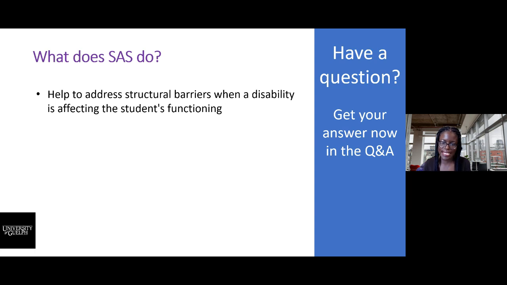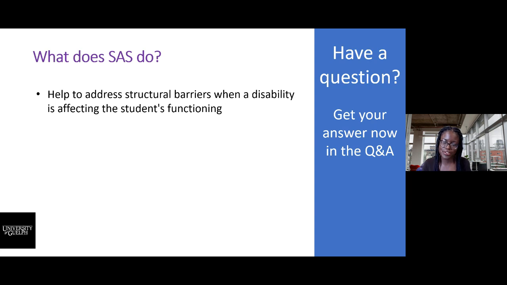And what we mean by that is, how is your disability interfering with all of the jobs of being a student? So getting to class, learning your information in class, completing your assignments and your tests, following the relevant policies in your courses and overall in your degree, understanding what those policies are asking you to do. So all of that sort of thing. If a student's disability is interfering with that, that's where SAS is going to step in.